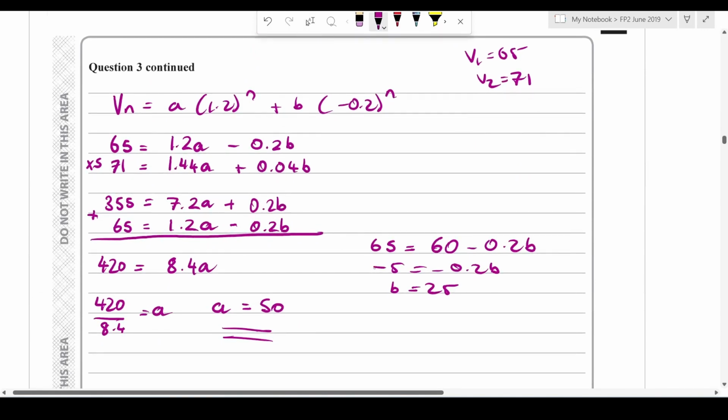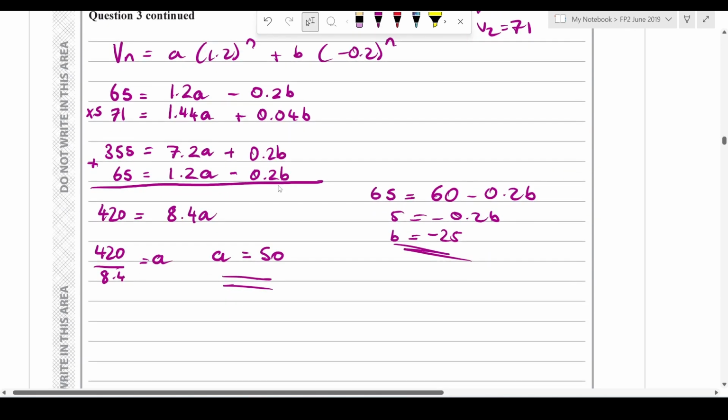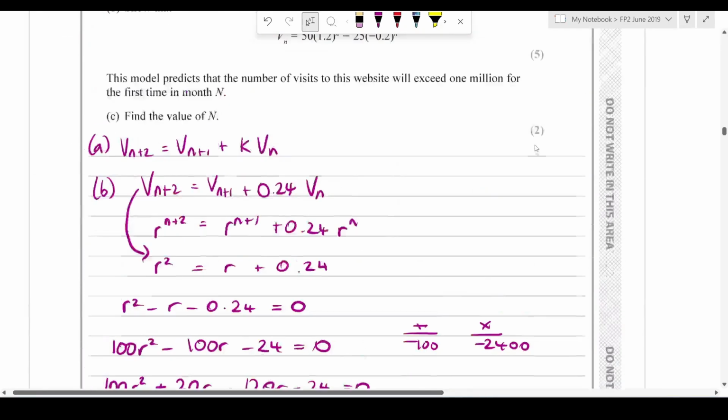If I take away 60, I get plus 5, so yeah, it is minus 25, and a good thing this is a short question, I need to check. So my values, therefore Vn is 50 times 1.2 to the n, minus 25 times 0.2 to the n. Make sure to remember that minus in the bracket, most people end up forgetting that because of the minus of the coefficient.